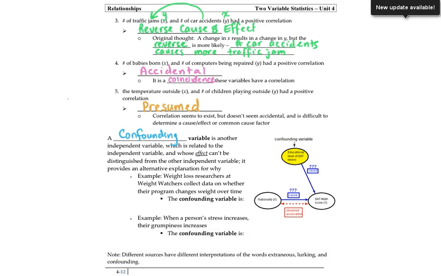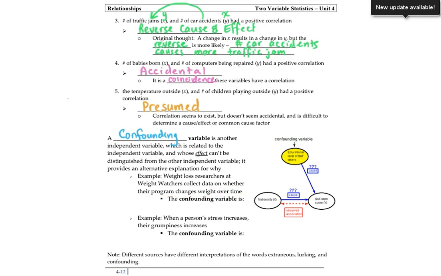So a confounding variable is a variable that wasn't really part of the experiment, but it could be one of the causes as well as the originally thought of independent variable. So as an example, if you think of Weight Watchers, weight loss researchers at Weight Watchers collect data on whether their program changes weight over time.